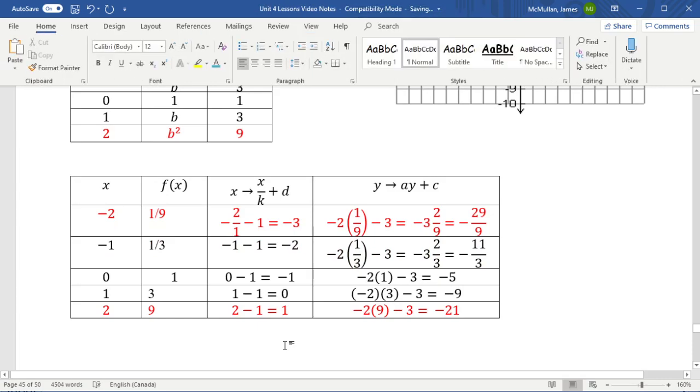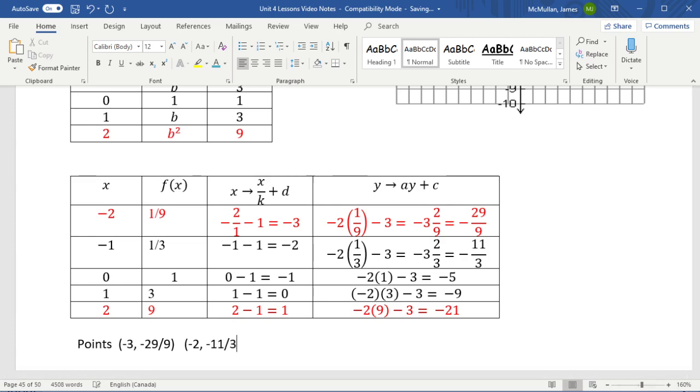Okay, so once again, the points I think I need are negative 3 and negative 29 over 9, negative 2 and negative 11 over 3, negative 1 and negative 5, 0 and negative 9, and finally 1 and negative 21.